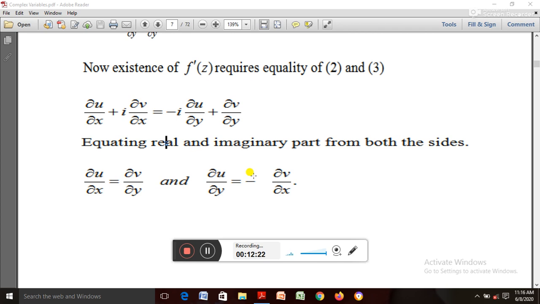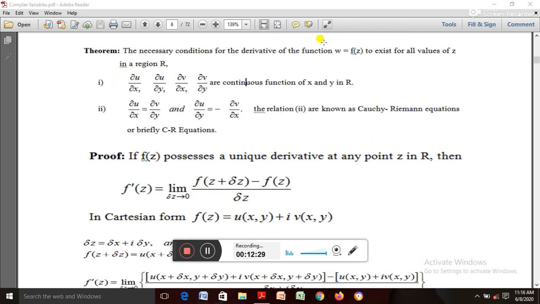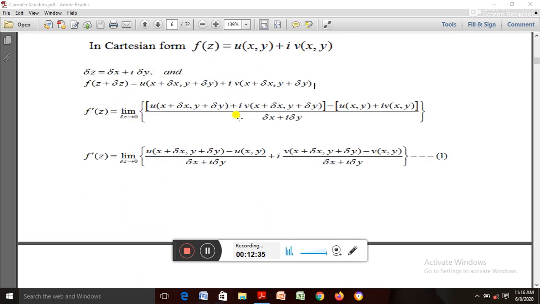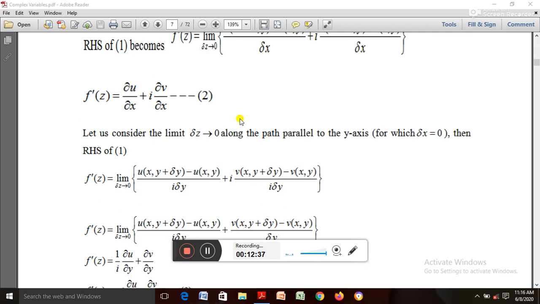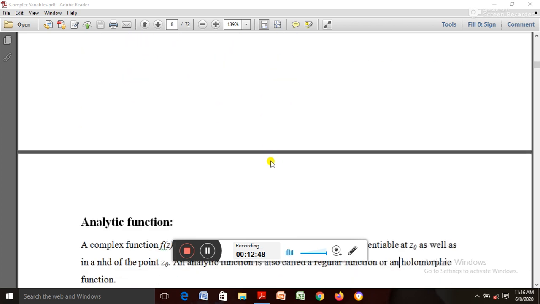So this is the proof. In the theorem, it is given that if w equals f of z is a complex function, then the partial derivatives exist, and we have proved this by using the complex variable and the definition of the derivative. So del u by del x equals del v by del y and del u by del y equals minus del v by del x. This is the proof for the Cartesian form.